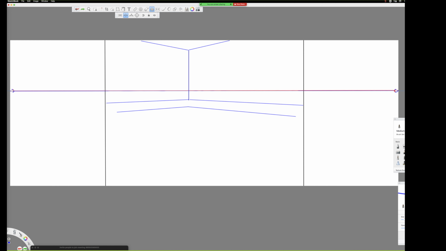Let's do the opposite. We're sitting on a ladder. So my eye level is at ceiling height. Just the opposite happens.